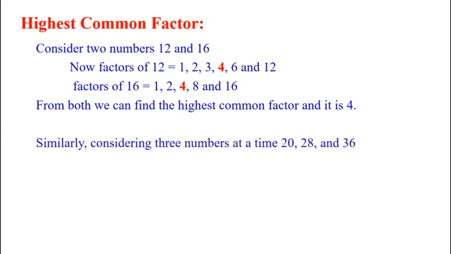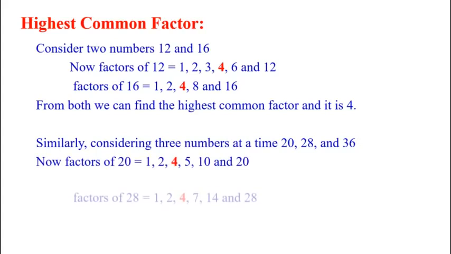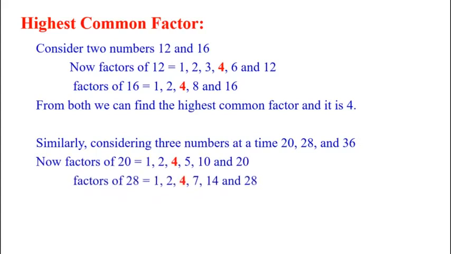Similarly, considering three numbers at a time: 20, 28 and 36. Now factors of 20 are 1, 2, 4, 5, 10 and 20. Factors of 28 are 1, 2, 4, 7, 14 and 28.